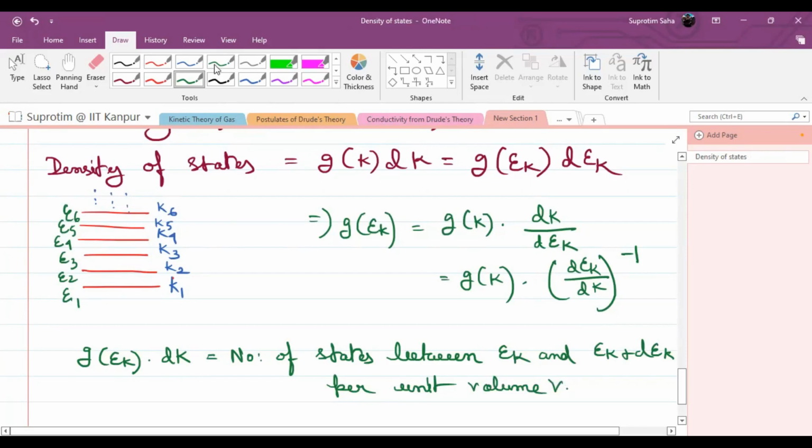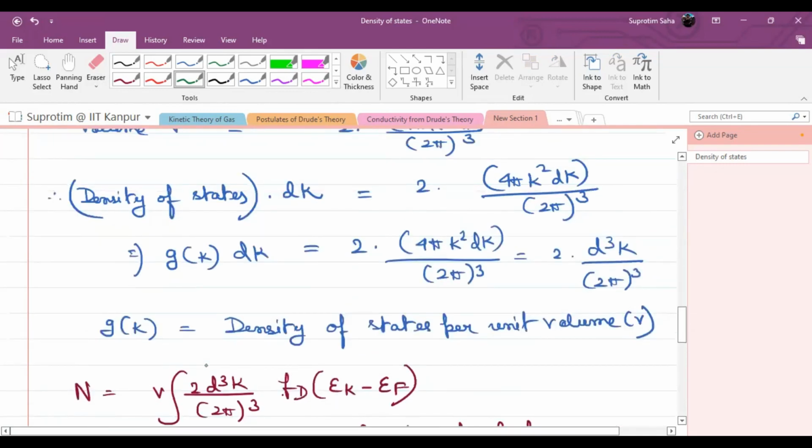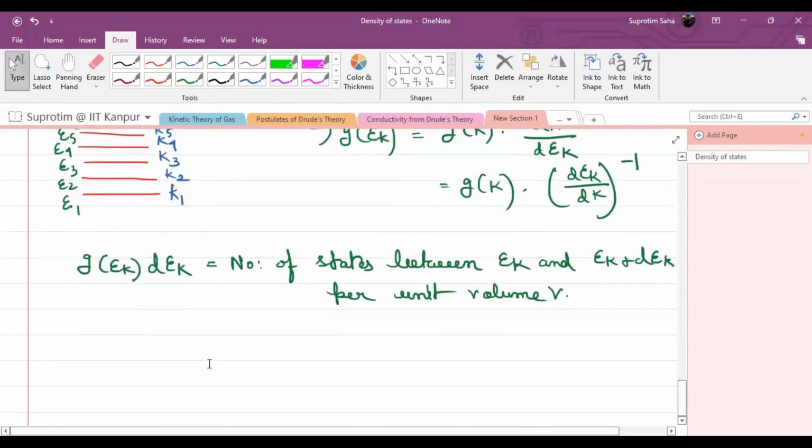Sorry, this is my mistake, this should be d of epsilon k. Just like we wrote g(k) as density of states per unit volume, and g(k) dk as the number of electronic states between k and k plus dk per unit volume, similarly we wrote g(epsilon k) d epsilon k as the number of states between the energy level epsilon k and epsilon k plus d epsilon k, divided by the volume.